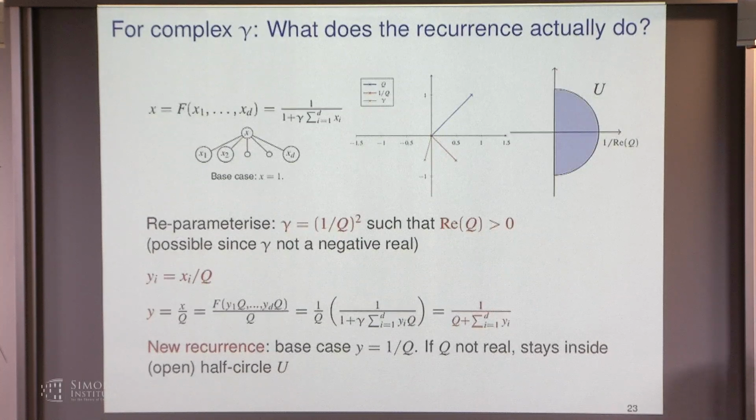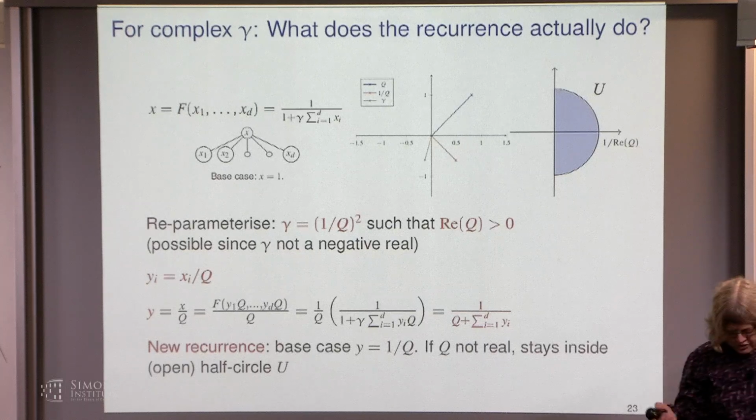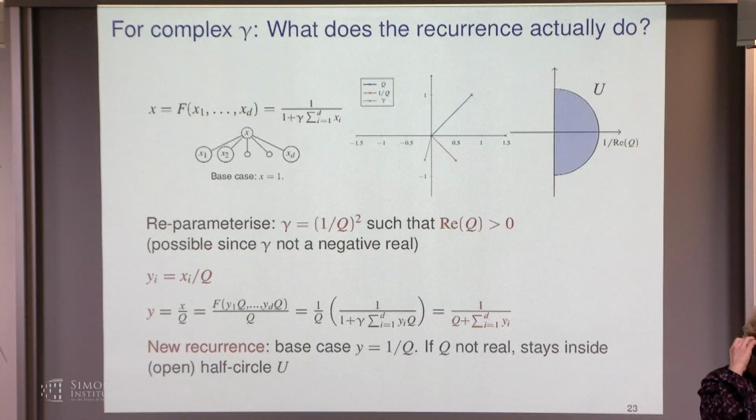So how much time do I have? Okay, I have 5 minutes, so I'm just going to talk briefly about this. How do we measure the distances to do contraction? I won't go through the details, but it's useful to reparameterize.